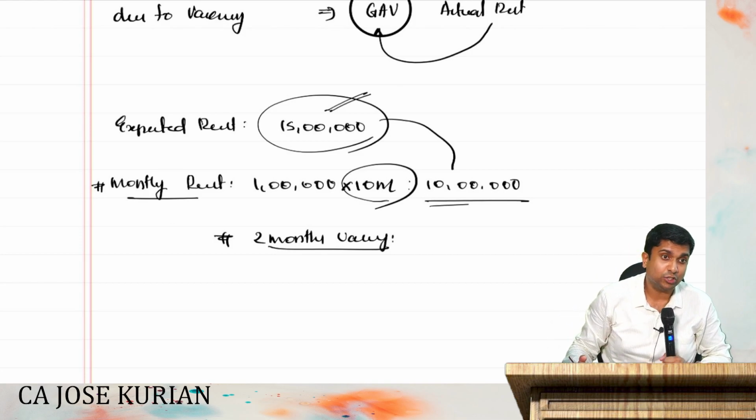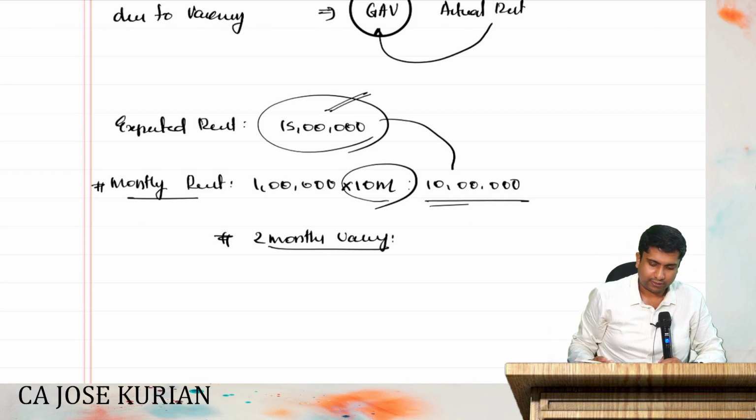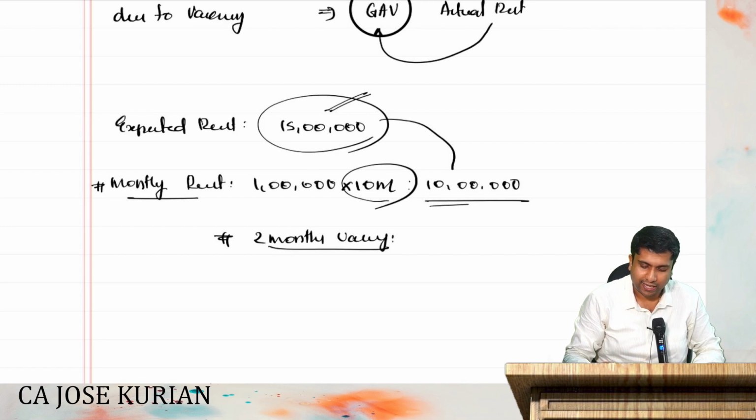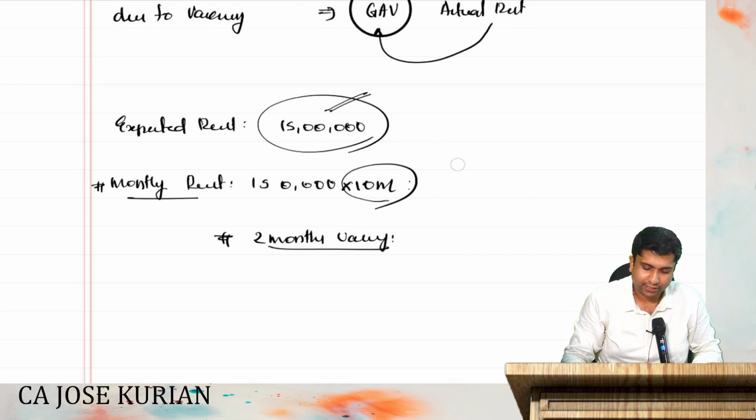Your actual rent is less due to vacancy only, then you can take it. Say for example, my actual rent is 1,50,000 per month. Then 10 months rent. Say only 9 months it is occupied. 3 months vacancy.